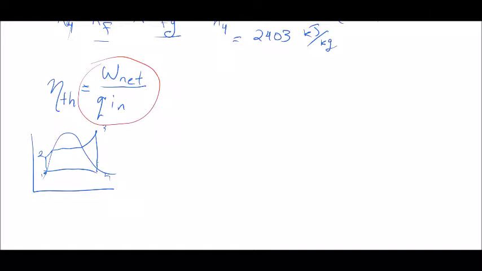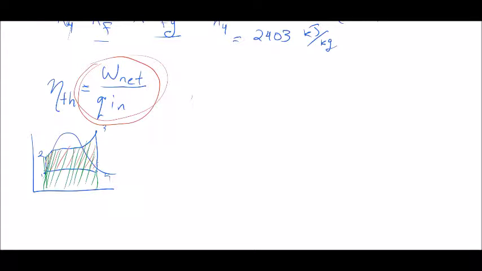Looking at the equation for thermal efficiency, the net work divided by the Q in, if we want to look at that graphically, the net work is the entire area inside the process curve, and the Q in is the area underneath the top line, the line where the heat is being transferred into the system. So that's what it looks like.